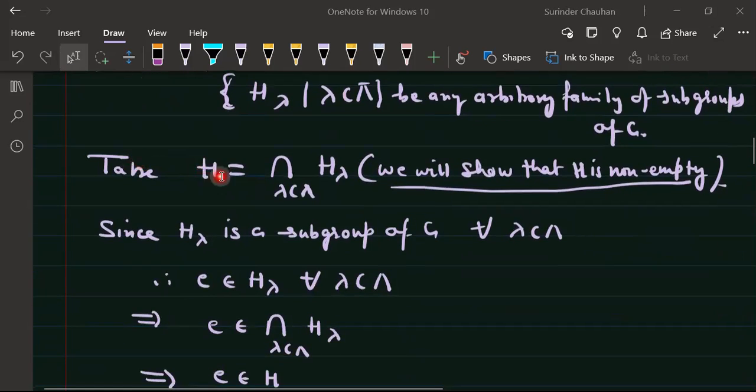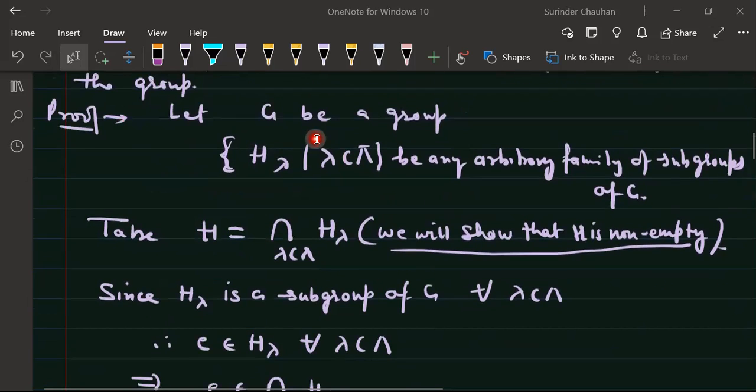Take H equal to the intersection of all these subgroups of G, all H lambda, lambda belonging to capital lambda. Now we'll show that H is non-empty first, and then that H is a subgroup. Since H lambda is a subgroup of G for all lambda, it must have the identity element.